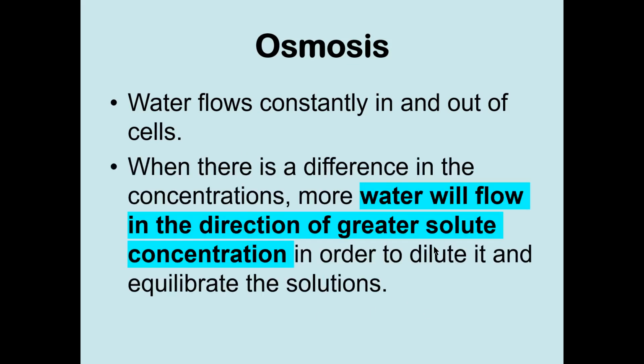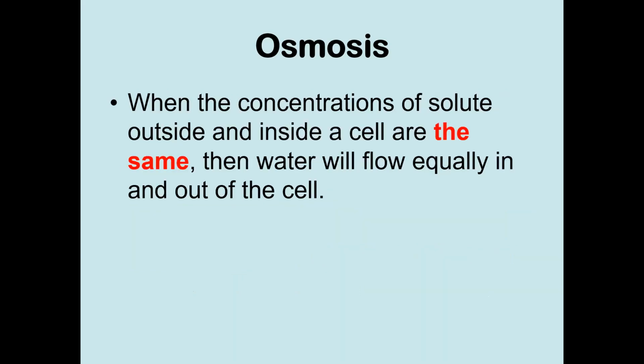So when there's a difference in the concentrations, the water will flow in the direction of the greater solute concentration. So I'll show you in a second. The whole idea is to dilute it, to equilibrate the two sides of the membrane. So when the concentration inside or outside the cell are the same, the water still flows all the time, even if it's exactly the same concentration.